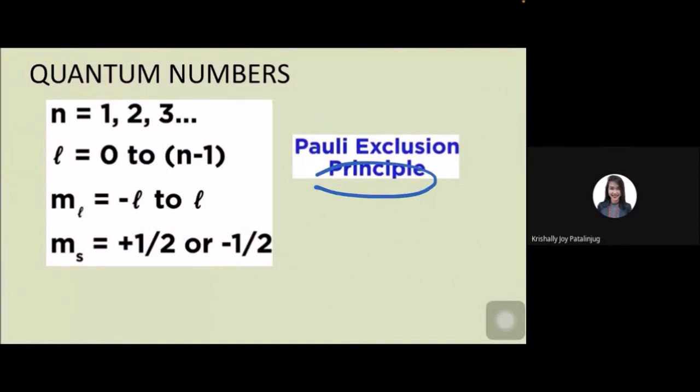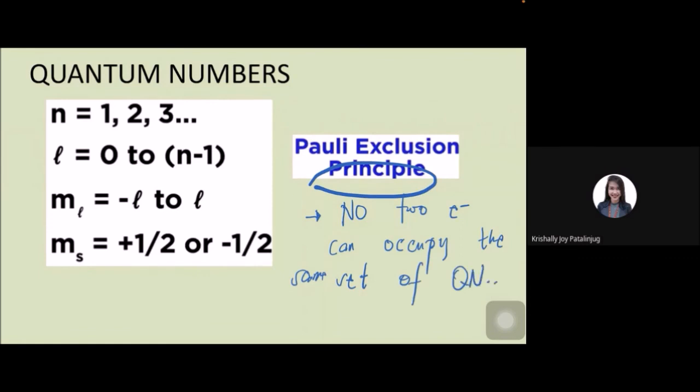So take note, the Pauli exclusion principle says no two electrons can have the same set of quantum numbers.